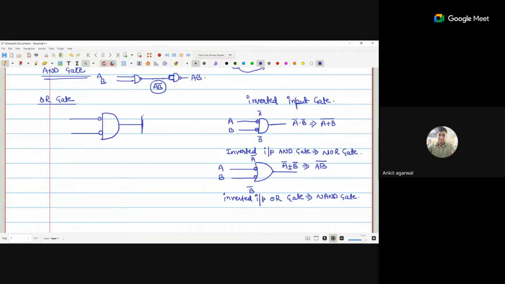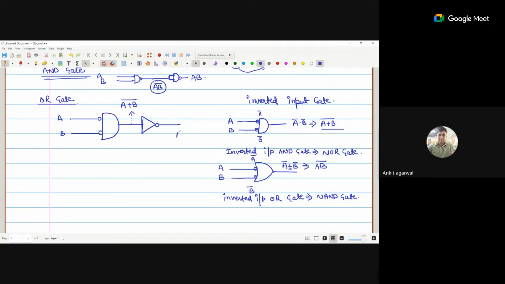This is AND. If I apply A and B, at this point I get A plus B whole bar.